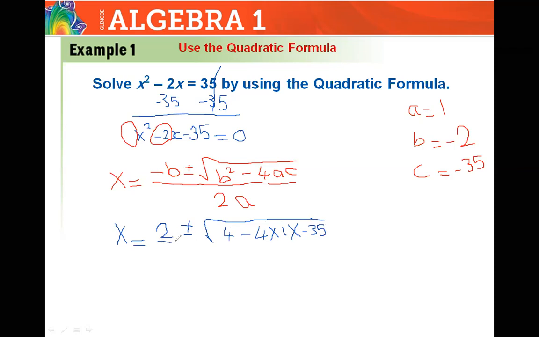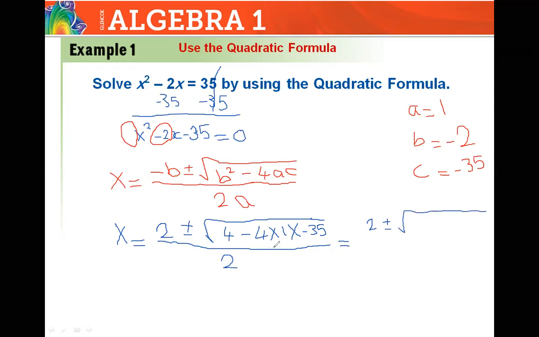And then over 2A, it means 2 multiplied by 1, which is 2. We don't need the exact value from a calculator, you can give me the simplest form only. So I write here 2 plus or minus. It means one of them with plus and the other with minus, so we have two answers.